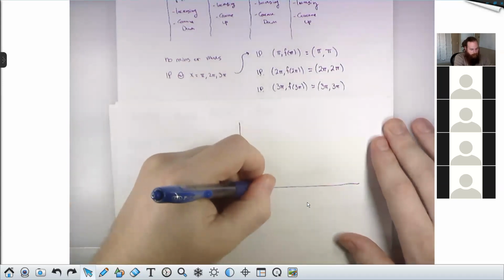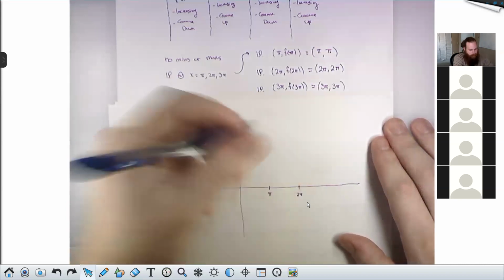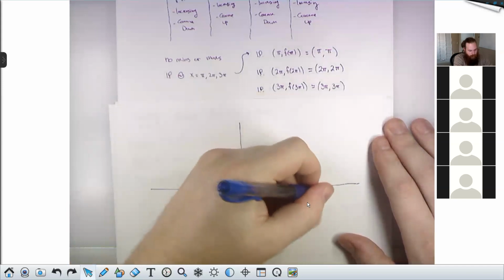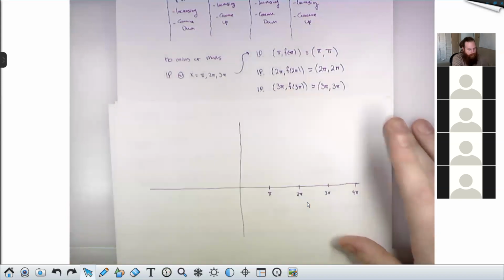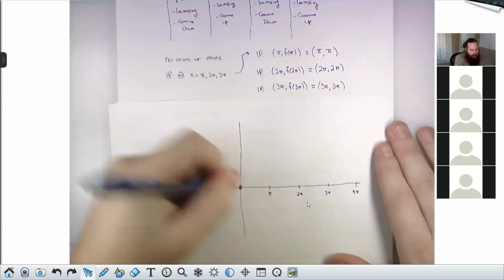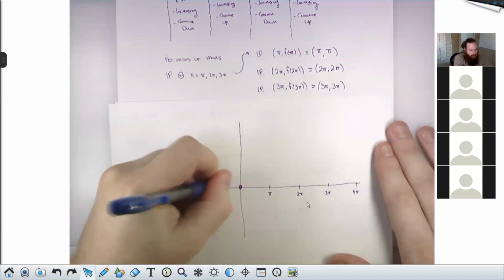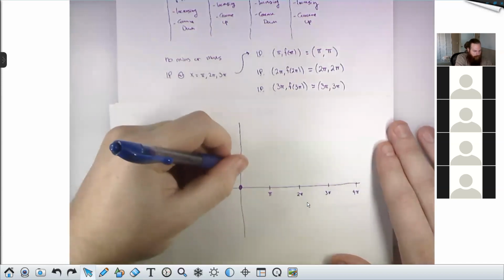I'll mark this as pi, 2 pi, 3 pi, 4 pi. I know that I have an x-intercept here at 0, 0. I know that I have an IP at the point pi comma pi.